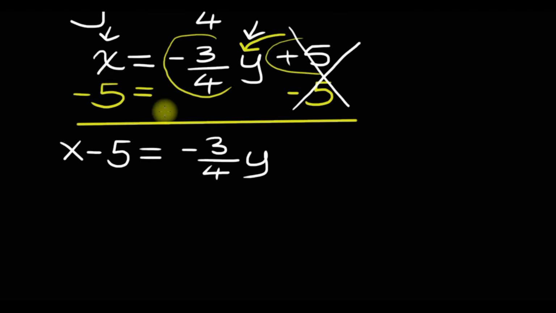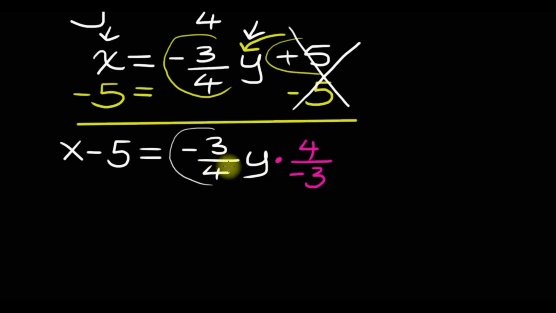So now, how do we get rid of this negative 3 over 4? Well, you multiply by the reciprocal of negative 3 over 4, and that is 4 over negative 3. Okay, just flip it.